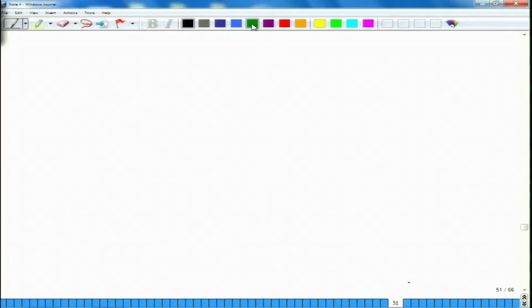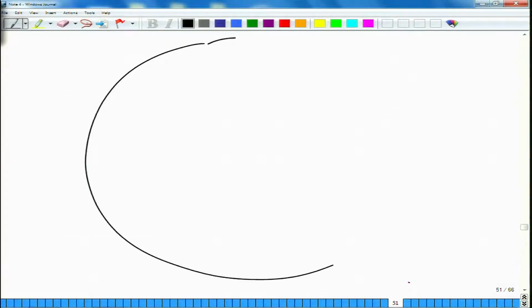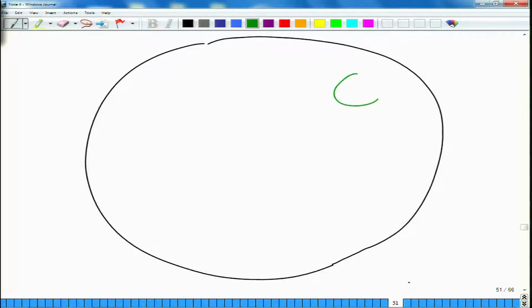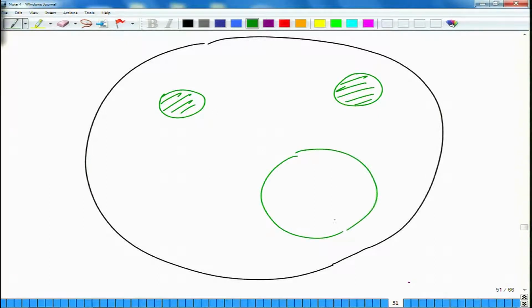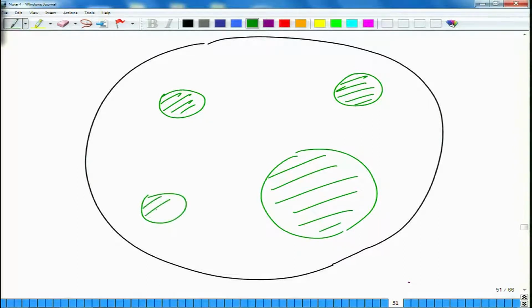So, if we consider our forests, or let us say a large patch of land, and this patch of land has say a forest here, a forest here, a slightly larger sized forest here, and maybe a forest here, and the rest of the area is covered by anthropogenic influences.